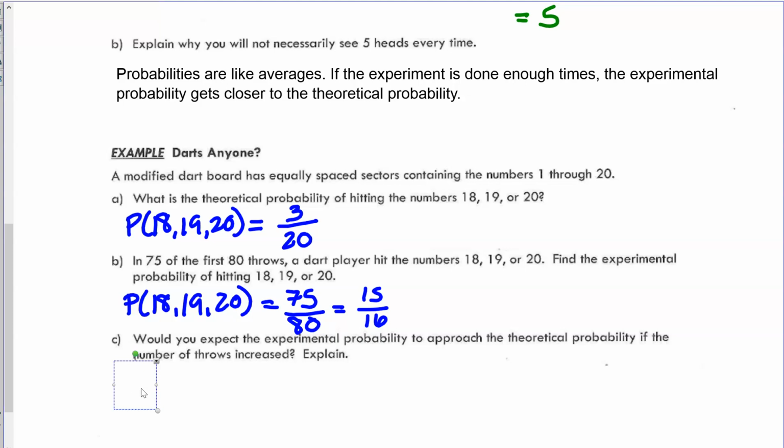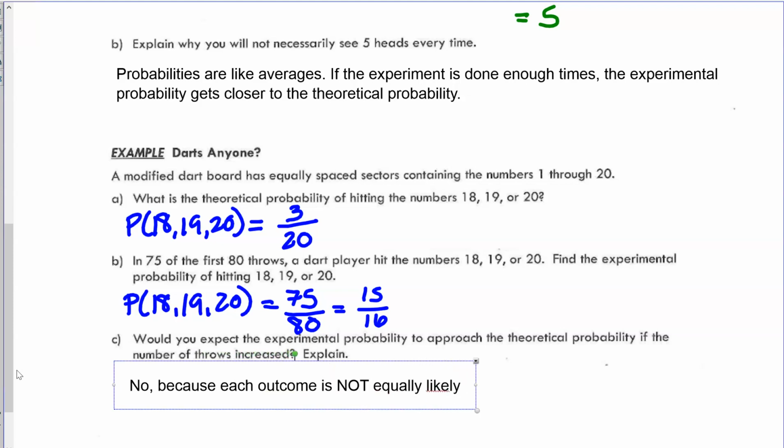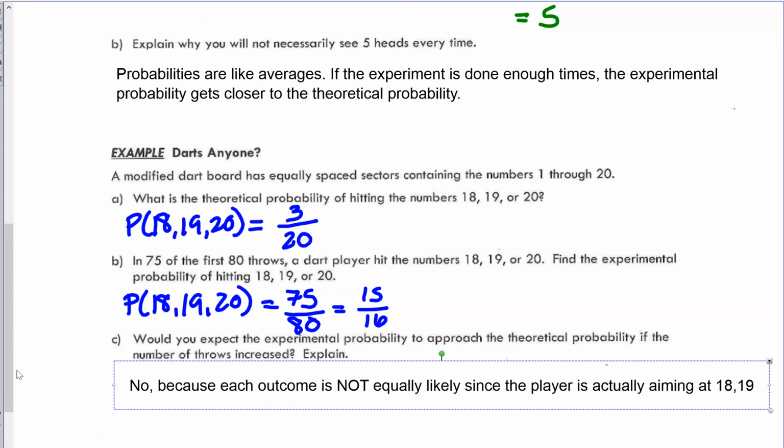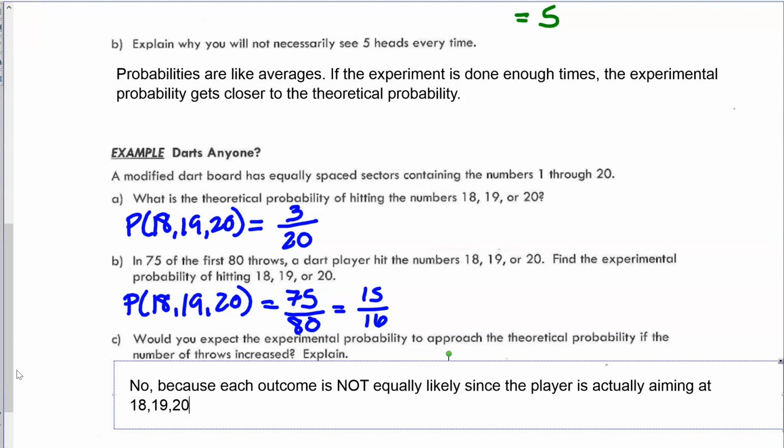It's not totally random which number you hit. The question says, would you expect the experimental probability to approach the theoretical probability? No, because each outcome here is not equally likely, since the player is actually aiming at 18, 19, or 20.